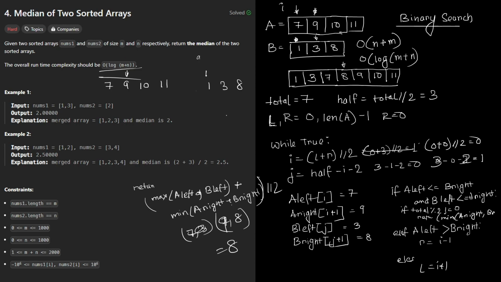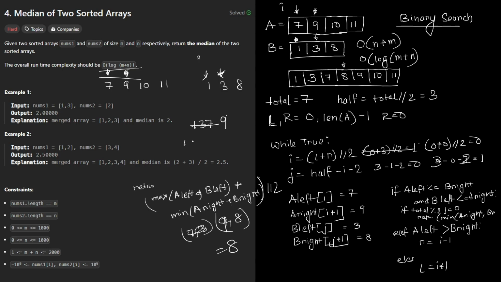So 1, 7 and 9 was coming, but there exists a smaller element which should be added out here. So this interpretation was wrong. So for that, we are decreasing our pointer from 9 to 7, and this value we are increasing to 3.